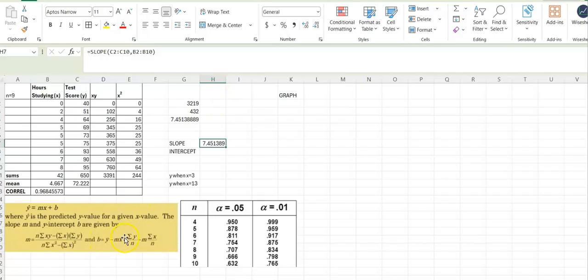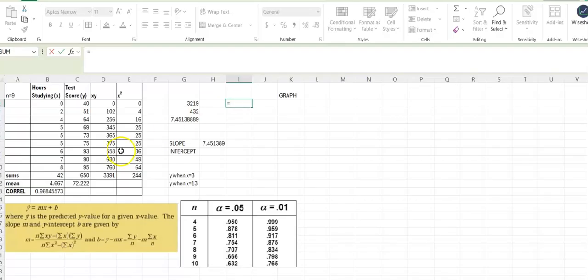Y-intercept, if we go down here, is just the mean of the y's minus the slope times the mean of the x's. So the y-intercept is the mean of the y's, which is right here, 72.222.